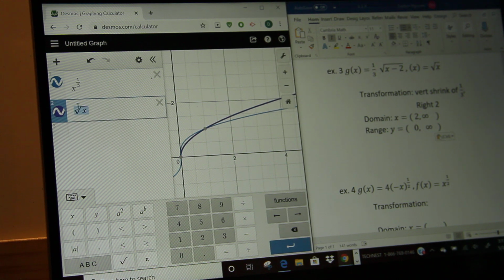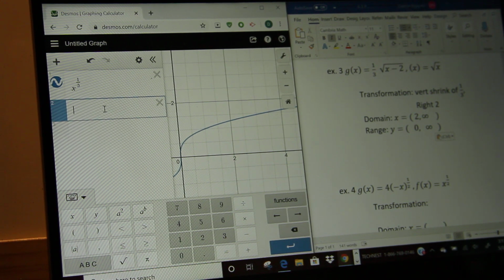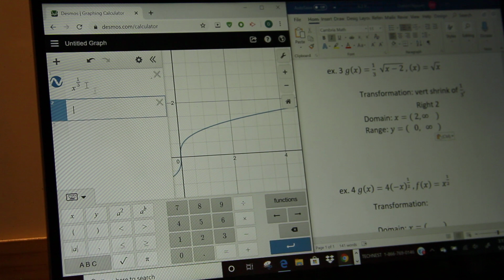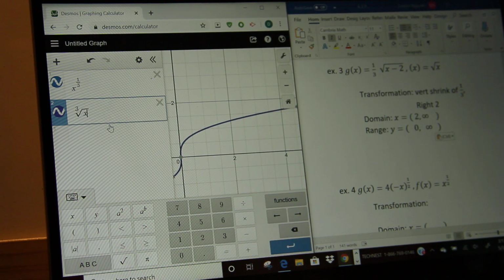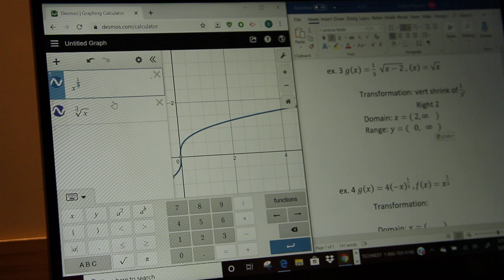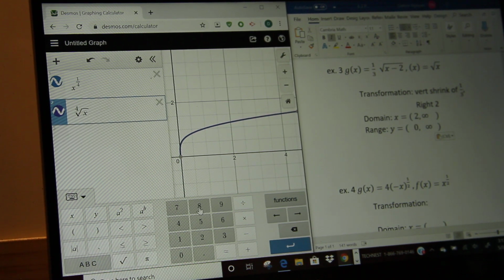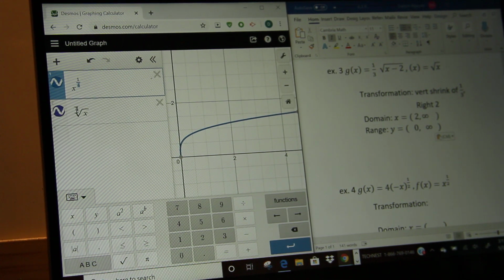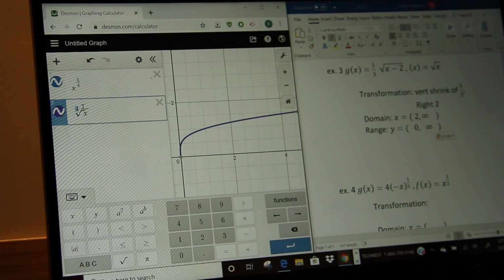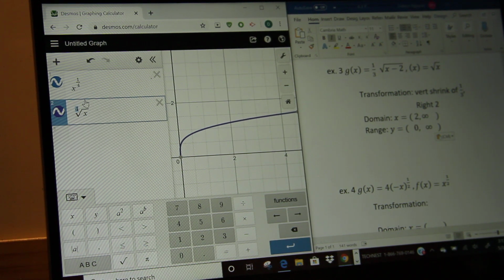And if I do this to this function, to write it as a radical, x to the 1/3 power is really saying the 3rd root of x. If I say x to the 1/4 power, then that's the 4th root of x. So notice these two are the same. These are the equivalent representations.